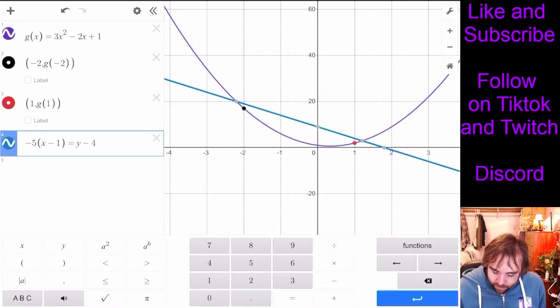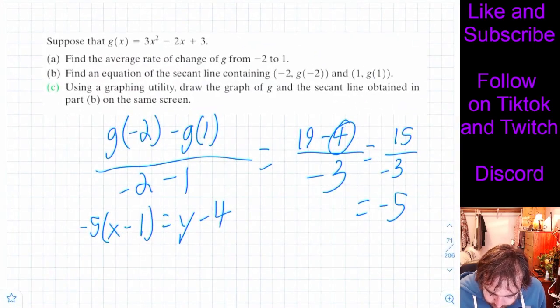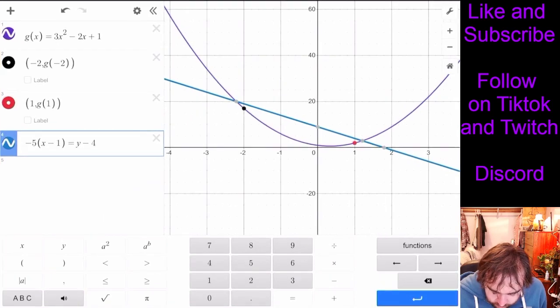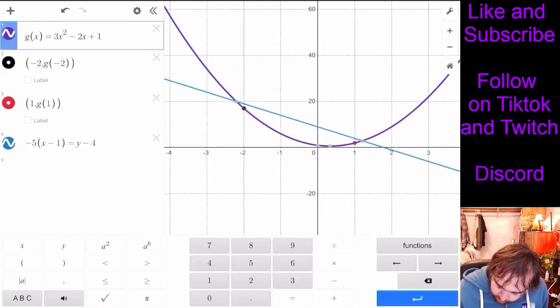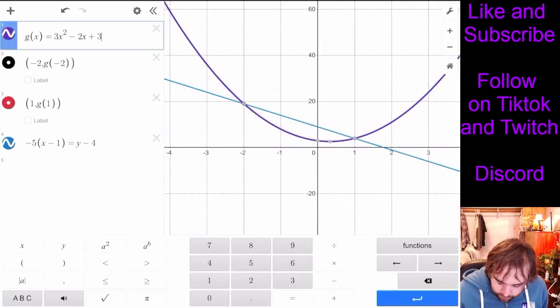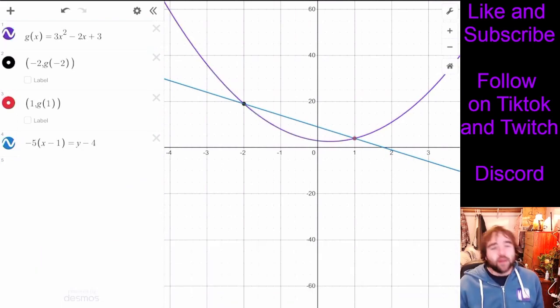So, why does it not go through the point 1 comma 4? Did I type in the equation wrong? I think that's what happened, isn't it? 3x squared minus 2x plus 3. There we go. I typed in the equation wrong. So you see we don't have to adjust the points because we did it based on what g was defined as.